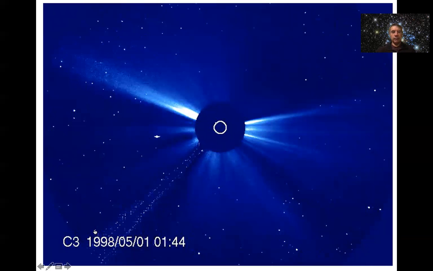Here I just want to replay one of these movies of these coronal mass ejections. This is from the European SOHO satellite, taken in this special way. You might have seen this during the Foundation lecture on the same topic. The sun here is represented by the white circle again, but it's been covered up like with an artificial eclipse by the satellite instrument.